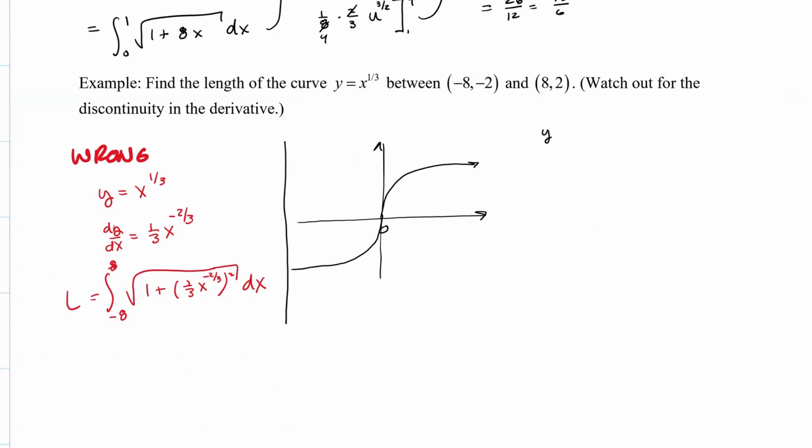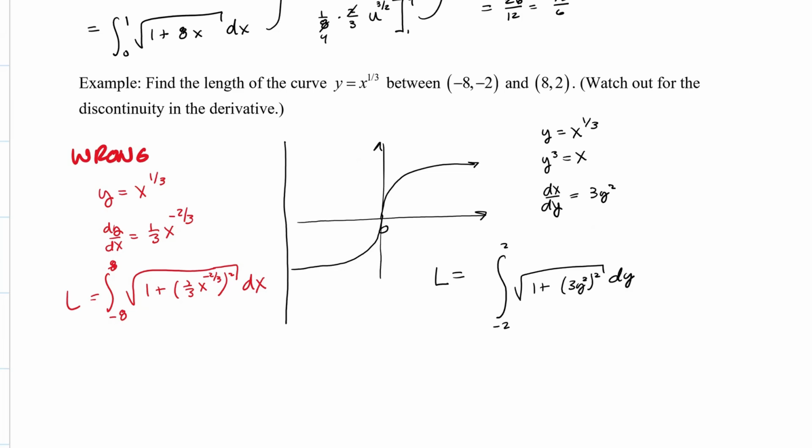Okay, so how would we do this right? Well, let's start with the fact that if y is equal to x to the 1/3, that means y cubed is equal to x. And maybe what I should be looking at is dx dy, which is 3y squared. And therefore the arc length is going to be from -2, a y value, to +2, the other y value, of the square root of 1 plus (3y squared) squared dy. And let's see if our calculator likes that.